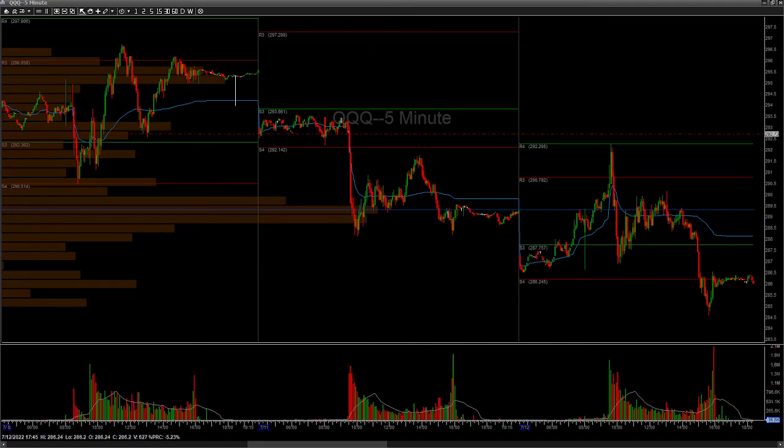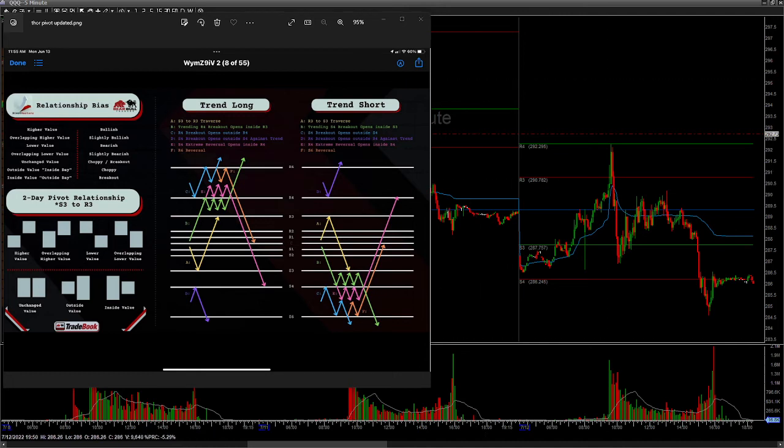So this one is clearly lower value pivots, but look where R4 and S4 are. They're almost completely opposite. So technically this is overlapping lower value, but it's just slightly. It's so tiny and minuscule that, if you look at the cheat sheet, we're going to be bearish on this one for sure, because it's really close to being lower value, which is kind of rare.